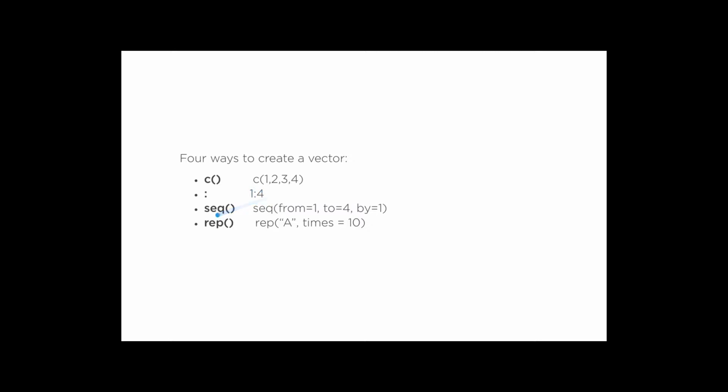You can use the seq function, where you define the origin and the target. And of course you can use the repetition function, but in this case the value will be repeated. One common and useful function to remember is length, which assesses the length of a vector.